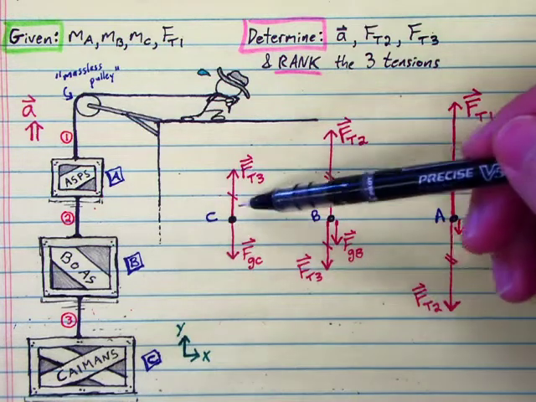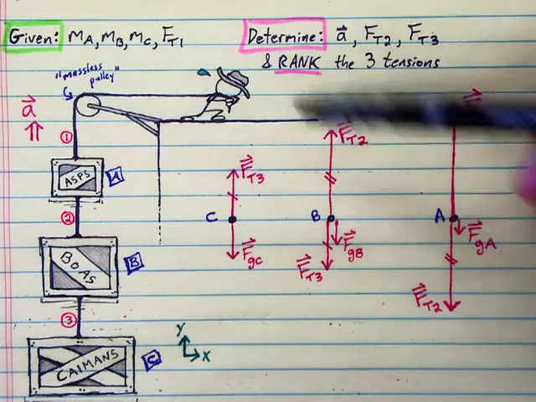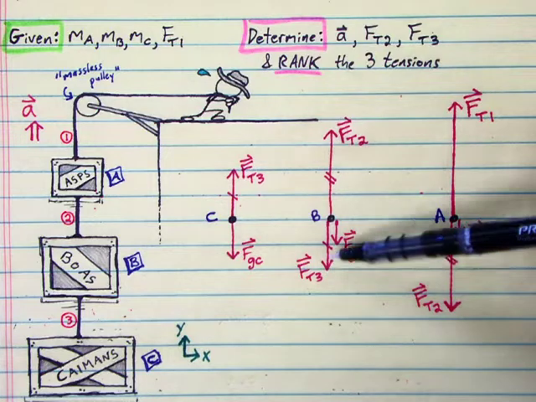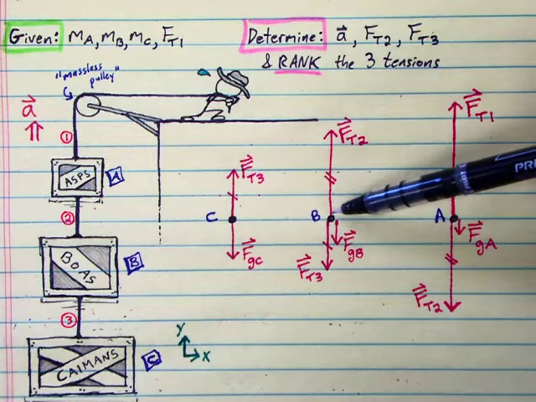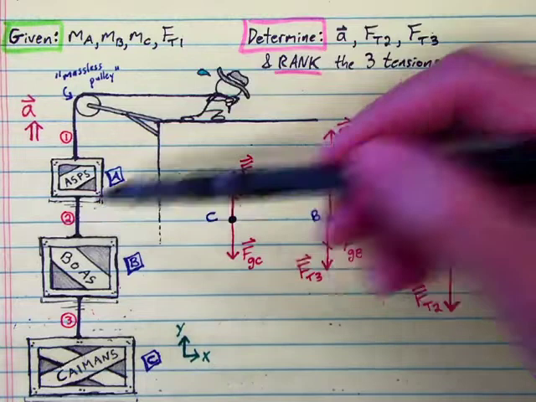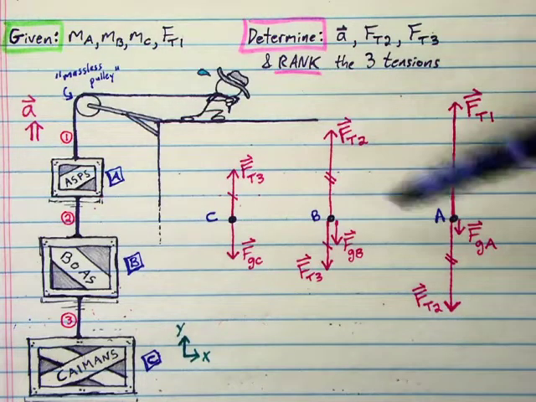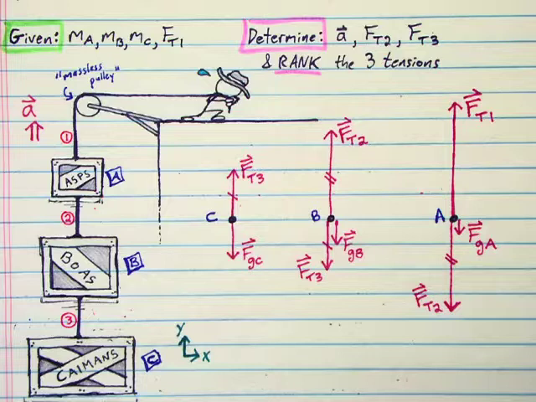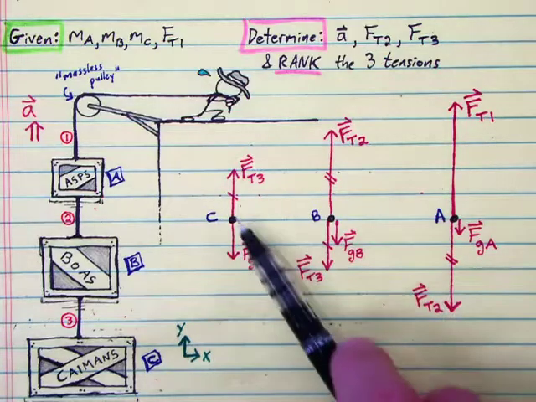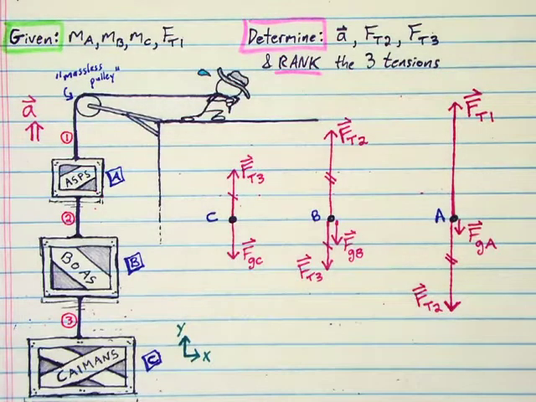So tension 3 pulling upwards on C is the same as tension 3 pulling downwards on B. And the sum of these must be smaller than tension 2 pulling up on B. And then that tension is the same here and here, so the sum of these must be less than tension 1 pulling upwards on A. So, all right, I think there we have it. Tension 3 is less than tension 2, which is less than tension 1.